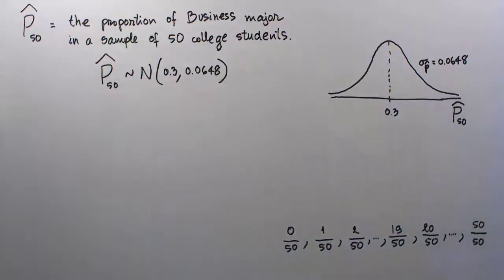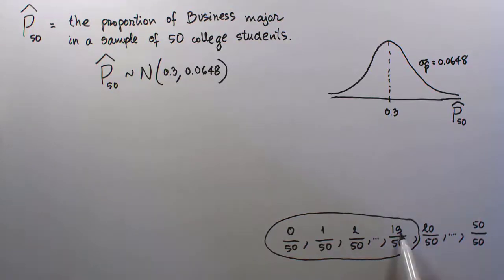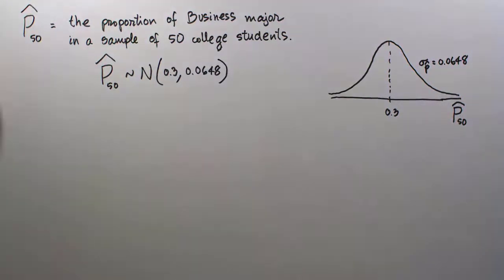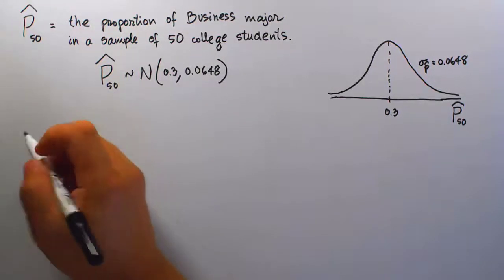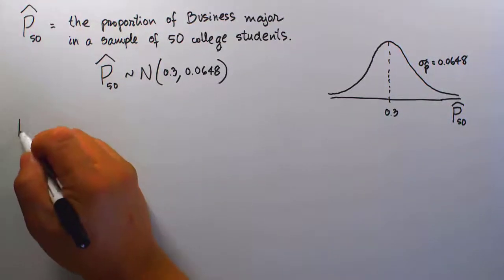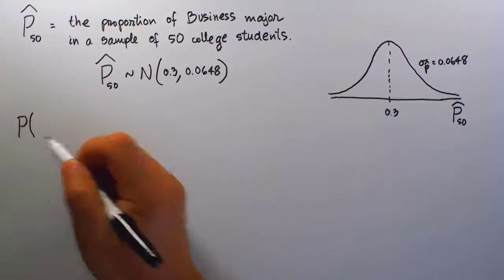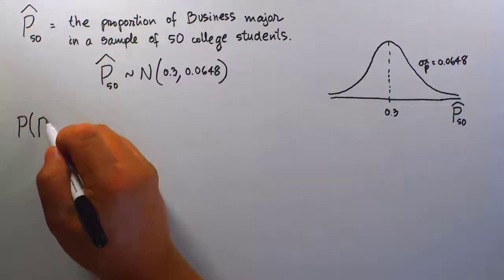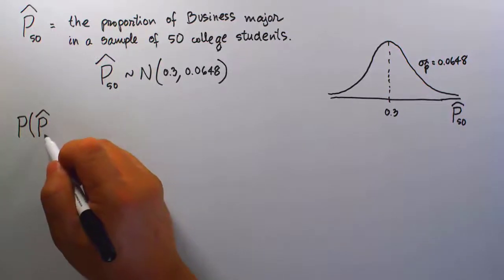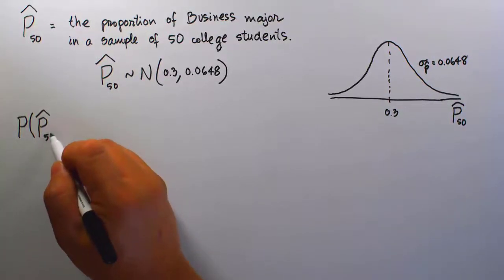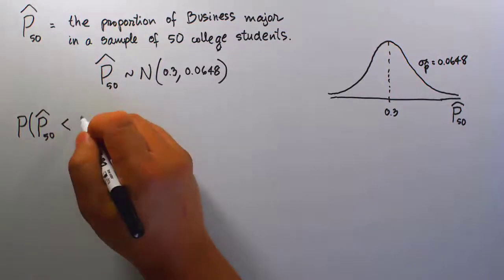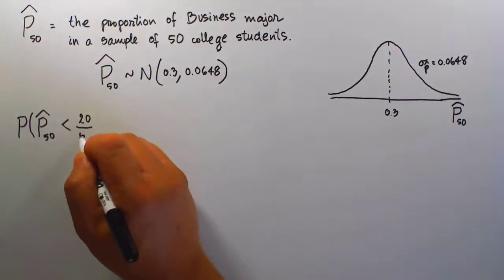So 20 here means 20 out of 50. But I'm looking for less than 20. That means among these values, I'm looking for how likely these counts are 19 or below. Formulating the question symbolically, I'm looking for the probability where any of my sample proportions, capital P hat 50, takes a value less than 20 out of 50.